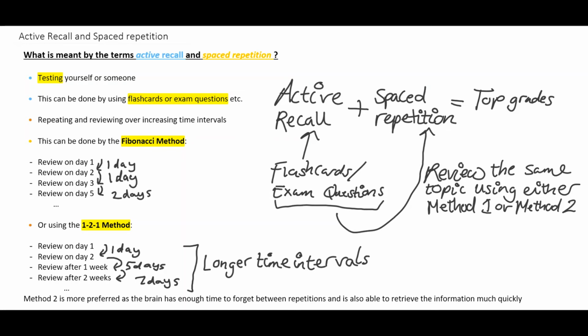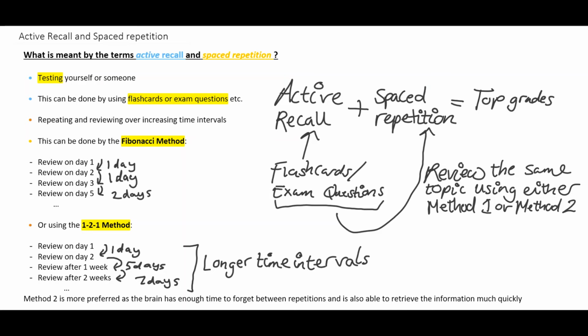So between review on day 1 and day 2, that's a repetition. And because you forget much more, you're able to retrieve that information much more quickly, because first time round it's going to be hard. We all know it's going to be hard, but the second time round, when you forget it and retrieve it, it'll be much quicker because your brain would have built the signals between the synapses.